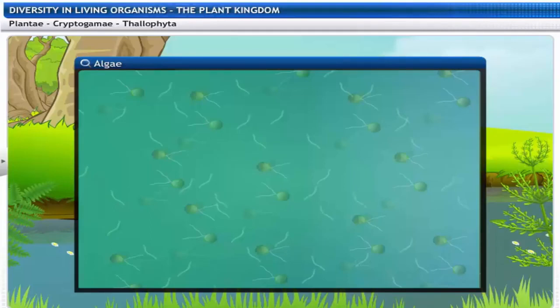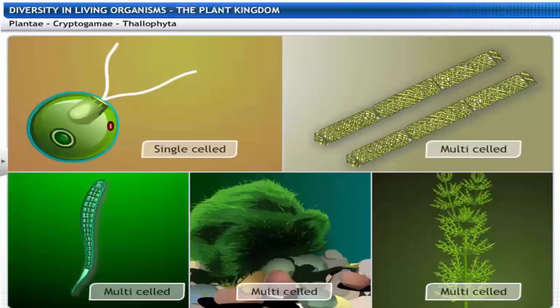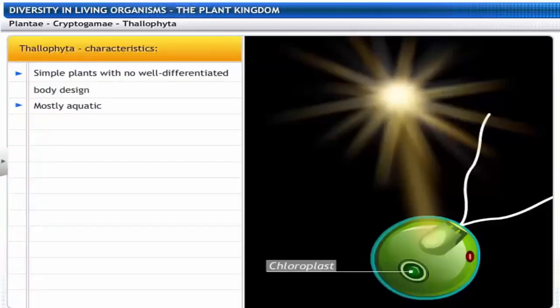As you can see, algae do not have leaves, stems, or roots. Algae can be single as well as multi-celled organisms. They are autotrophic in nutrition. Algae belong to the group Thallophyta.